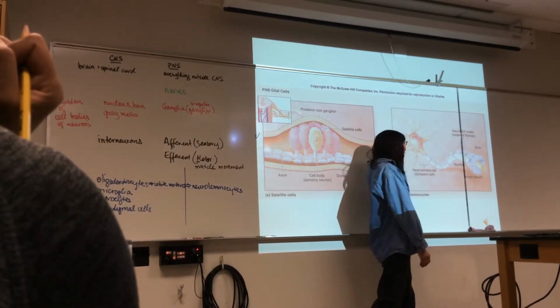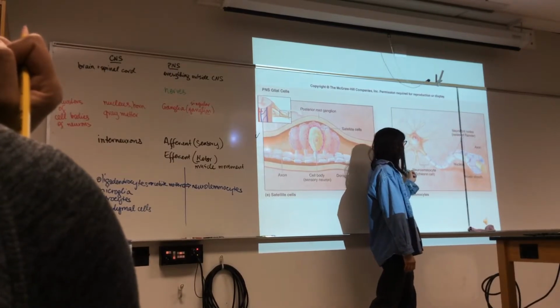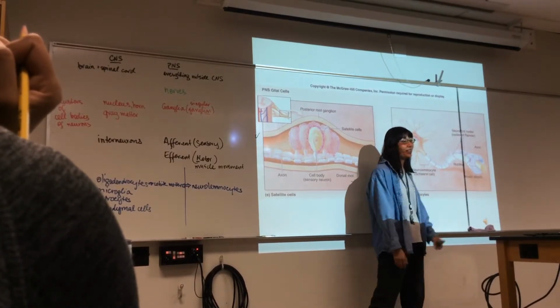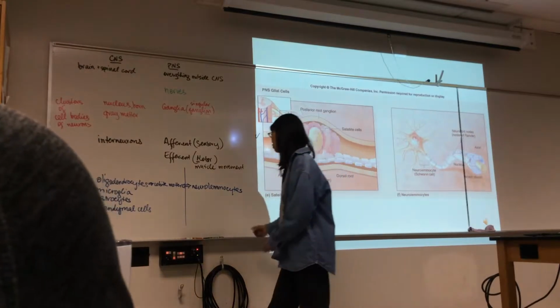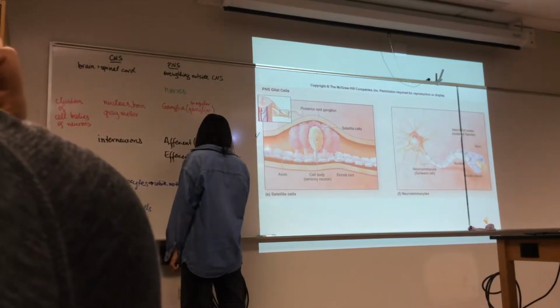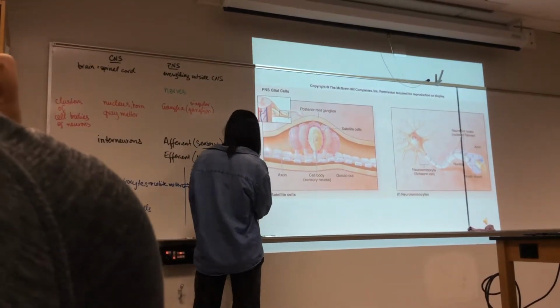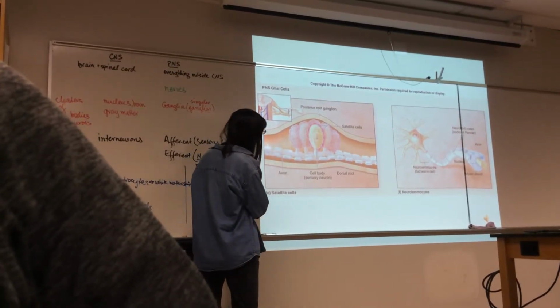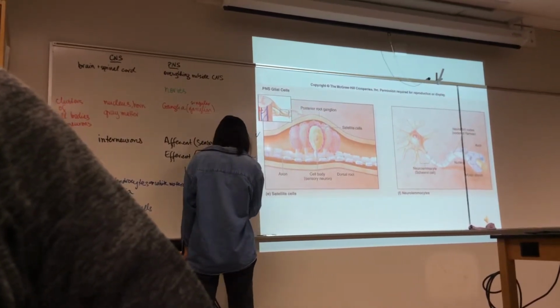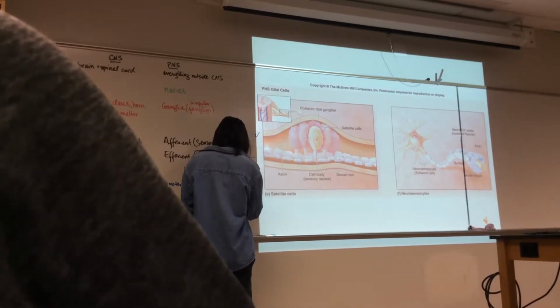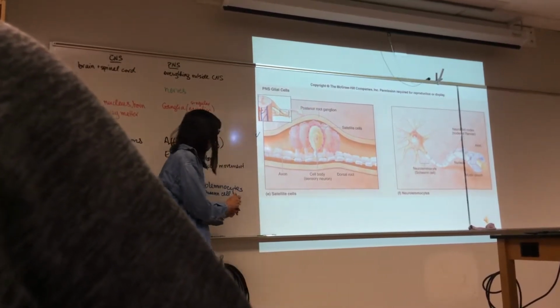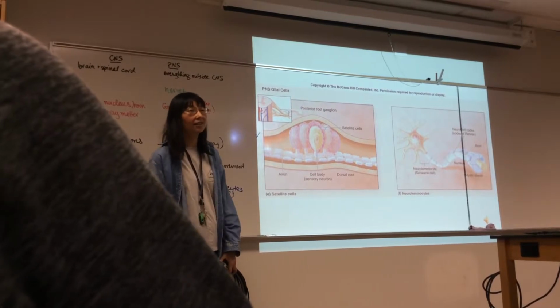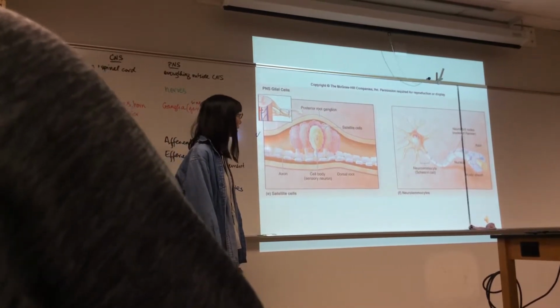Now, another name for neurolemmocyte, that's kind of a mouthful, isn't it? What's another name? Schwann. I will use both because the textbook uses both. So Schwann cell is the nickname for neurolemmocyte.